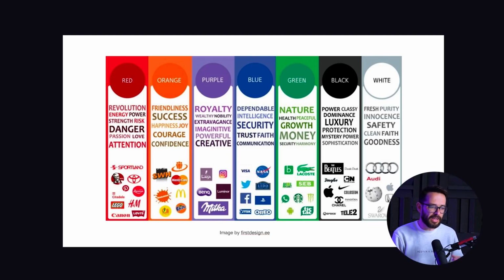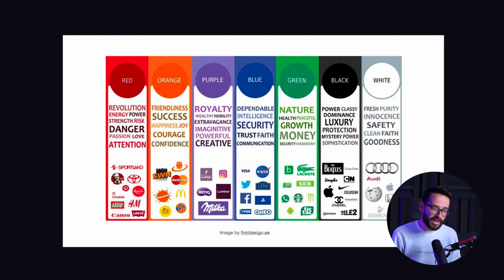So red might be anger and passion and danger, orange might be for success and courage, purple might be for royalty or creativity, blue, as we said, is security, trust, business, green, you're probably familiar with it, it's health, it's nature, it's money, all those things. Black is for luxury, power, something very, very classy, and white, just the same, right? It's like safety and it's clean and it's pure, all of those things.